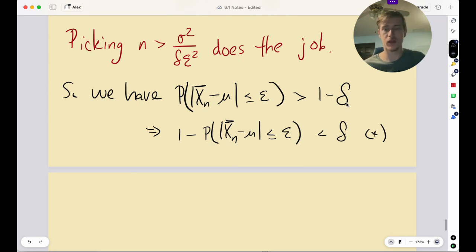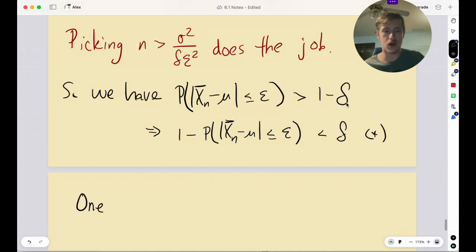Now, this is kind of an analysis result because in the previous video, I said the weak law of large numbers converges in probability. But the form for converging in probability doesn't really look like this.